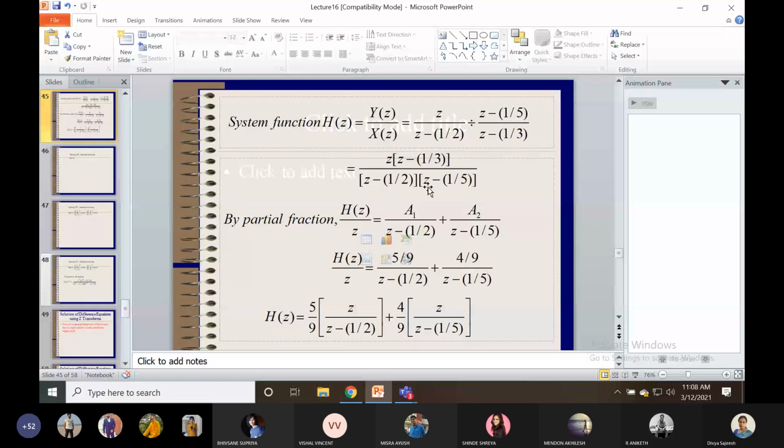If the question asks to find the frequency response, why do all these steps? Directly putting z as e raised to j omega, you already obtained the equation for frequency response. You will not waste all these steps. But the answer is not wrong if you put z as e raised to j omega after doing partial fraction.